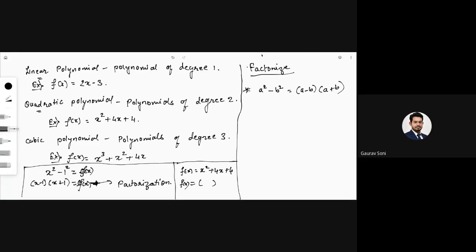Can someone? Mansi, what is the factorization? You need to write it down as product of a linear factor, I mean x plus a or x minus a, something like that.